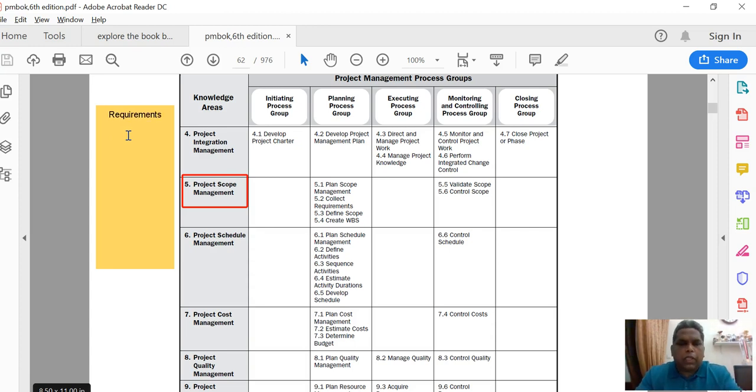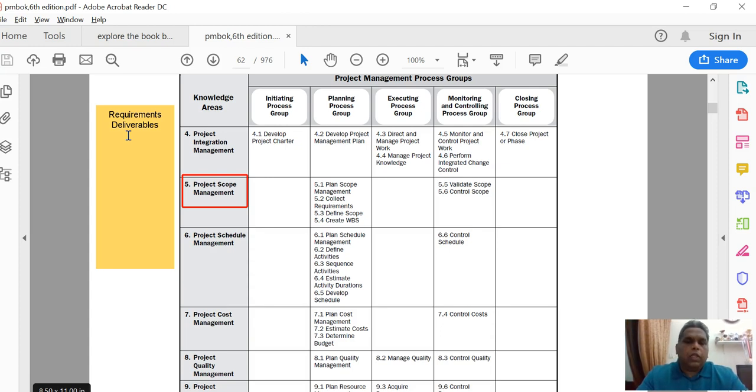It's very important that at the very outset we understand what it is that we are planning to build on the project. In other words, what are the key deliverables that we're going to build on the project, and what are the requirements that need to be taken care of as a part of building those key deliverables.